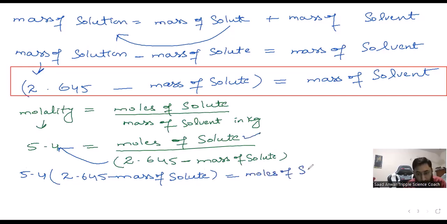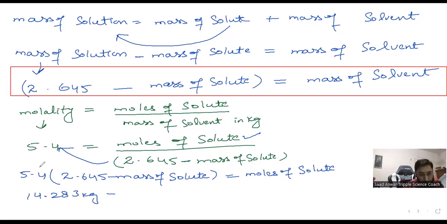So multiply 5.4 with 2.645. When I multiply these two values, I would get 14.283 kilogram.